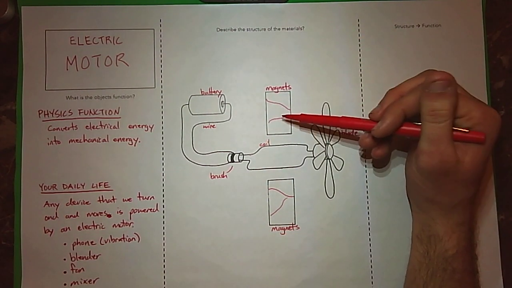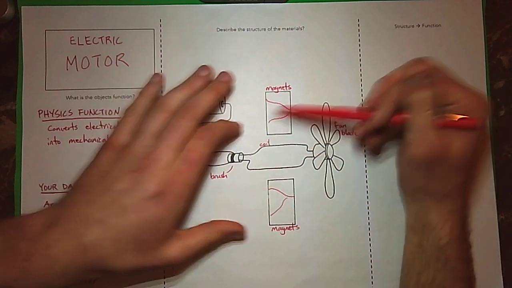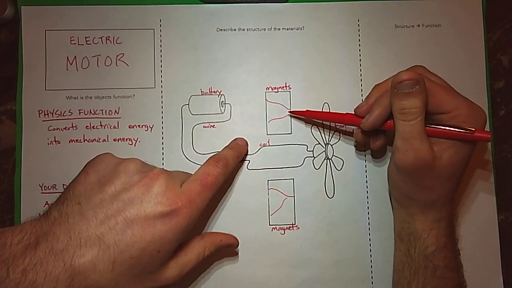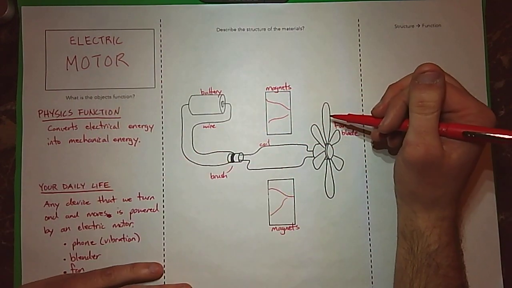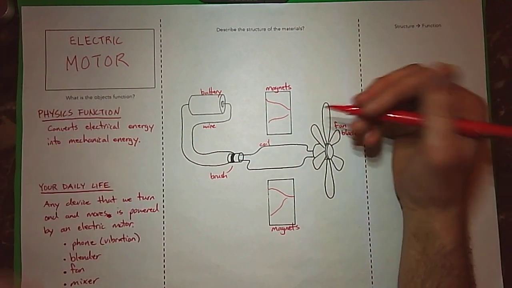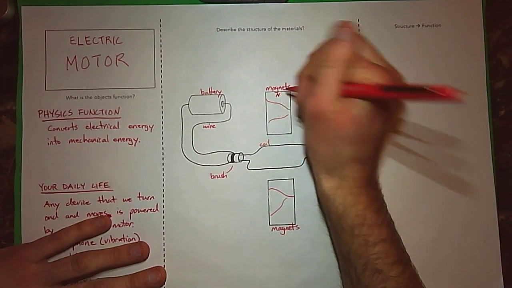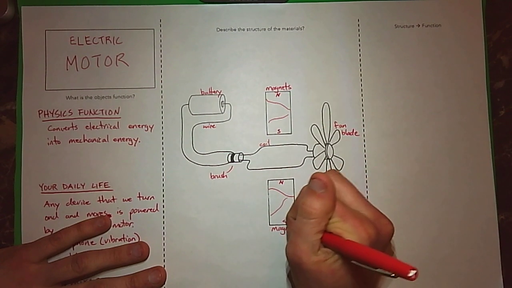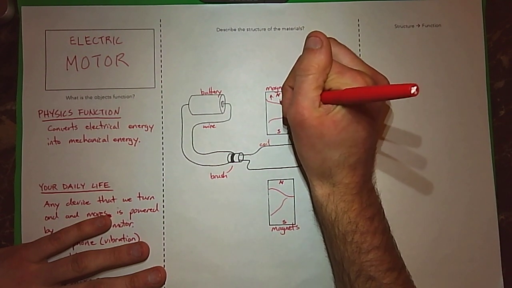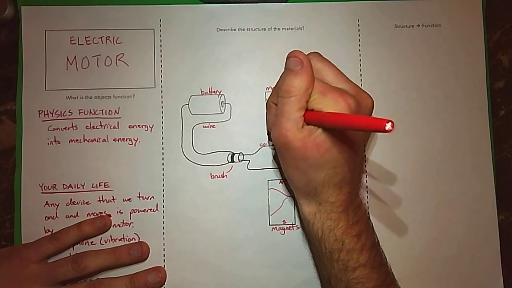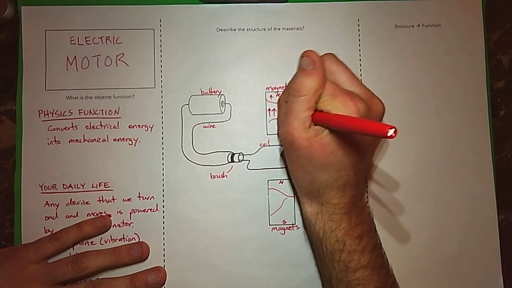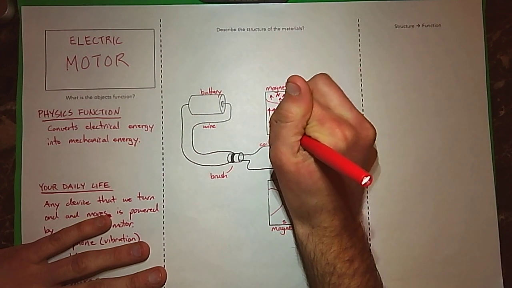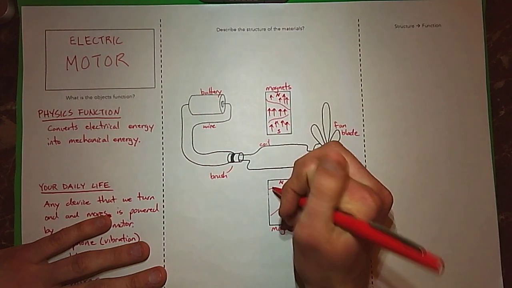The important thing is that you know here's a magnet and it's going to generate a magnetic field. You get to invent which direction that might be and just make it simple. So for instance, I'm going to say this way is north, this way is south, and my arrows are going to be going this way. I'm just going to say these are my arrows, because it's going to be up to you later to explain what these are.